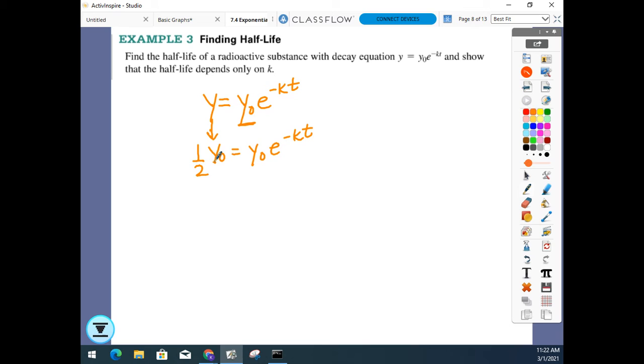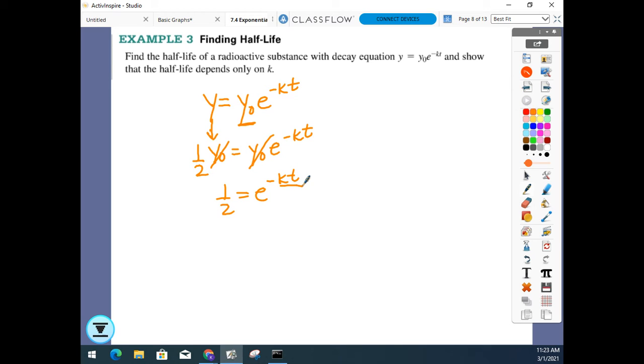So this part is kind of slick. If both sides are being multiplied by y sub 0, I can divide both sides by that initial amount, and the initial amount is no longer there. Now, at this point, we want to solve for t.